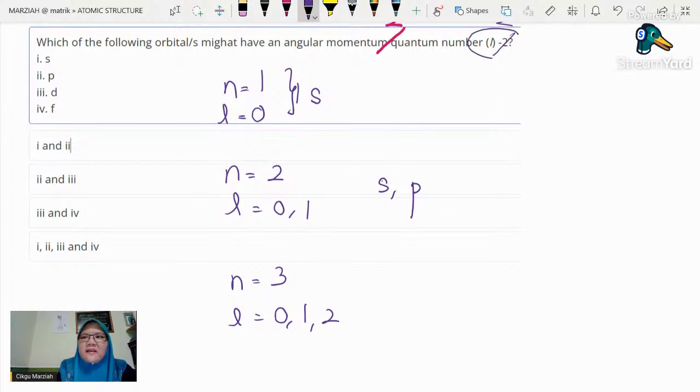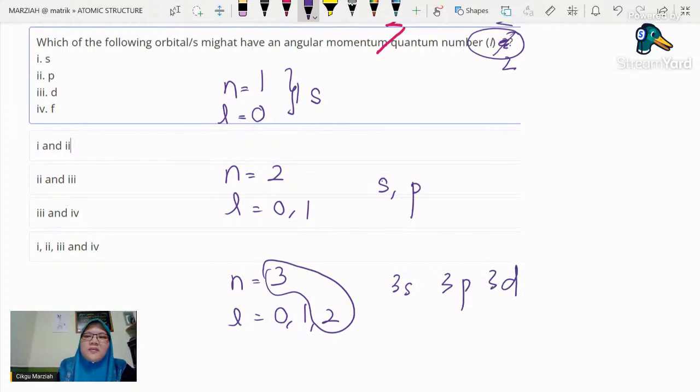Dia tanya L sama dengan 2, betulkan ni? 2 saya nak. So the possible ones are 3S, 3P, 3D. Ada orbital S, orbital P, orbital D. So dah ada orbital D kat situ disebut.